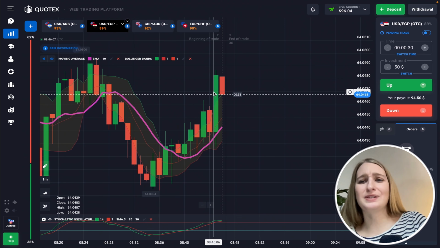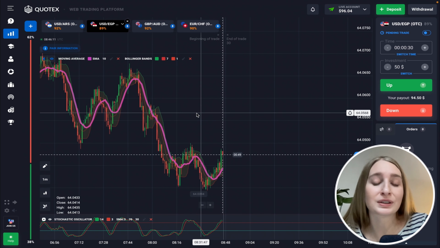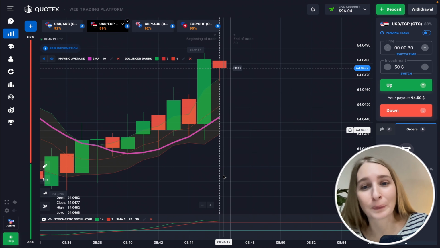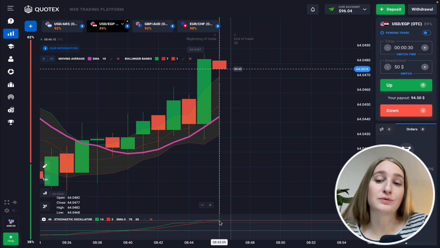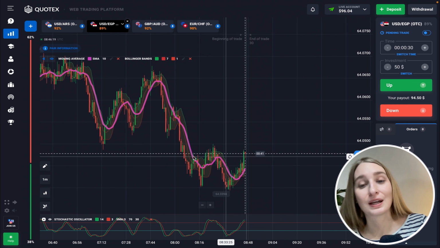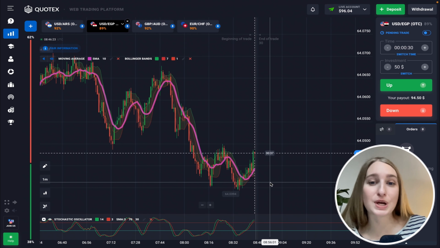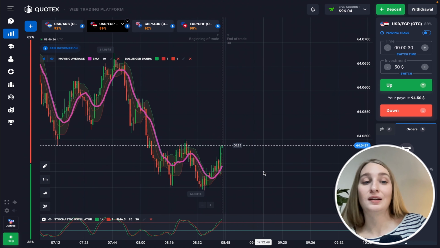And you see there will be an intersection if we look directly at the stochastic oscillator. Let's see the whole view: bearish movement overall in the past 30 minutes. Okay, the situation is also volatile.